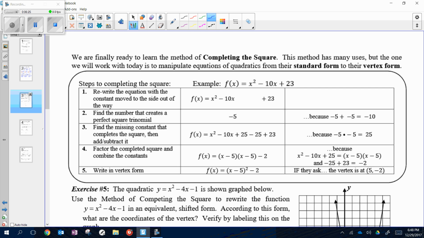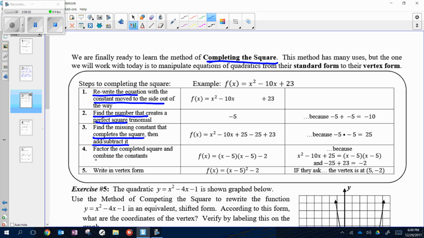So finally, you're ready to learn the method of completing the square. So these are steps. You're going to rewrite the equation so that you pull the constant to the side. You're going to find the number that creates the perfect square. Well, you're going to have to square it, and then add it and subtract it.